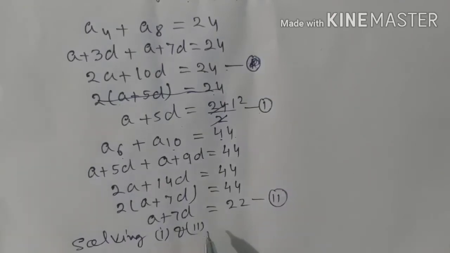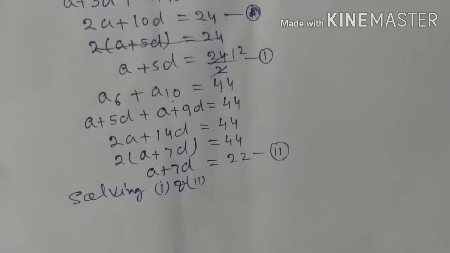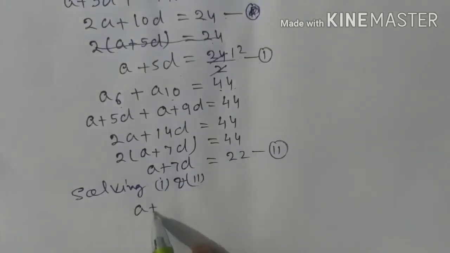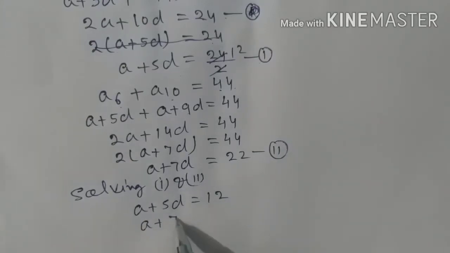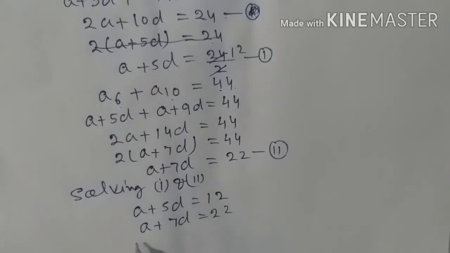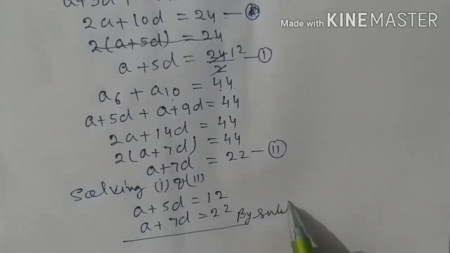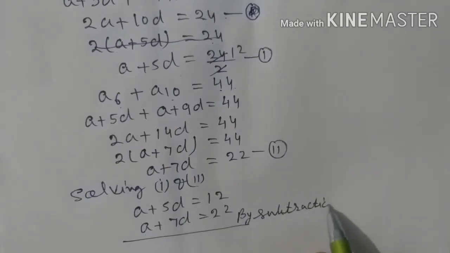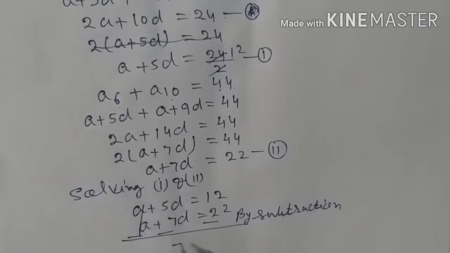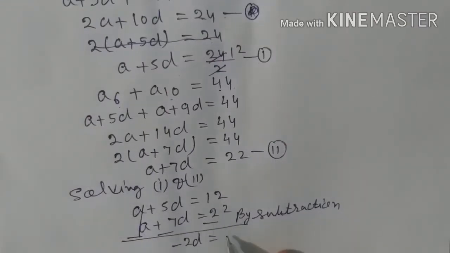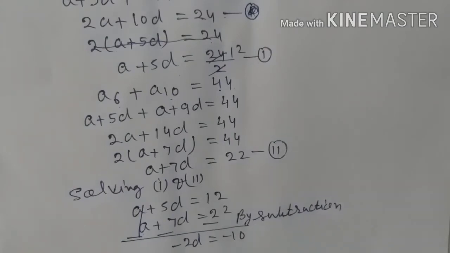Solving the first and second. First is A plus 5D equal to 12. Second is A plus 7D equal to 22. Now the coefficients of A are equal, so by subtraction, according to the third chapter, by the elimination method, minus 2D is equal to minus 10.